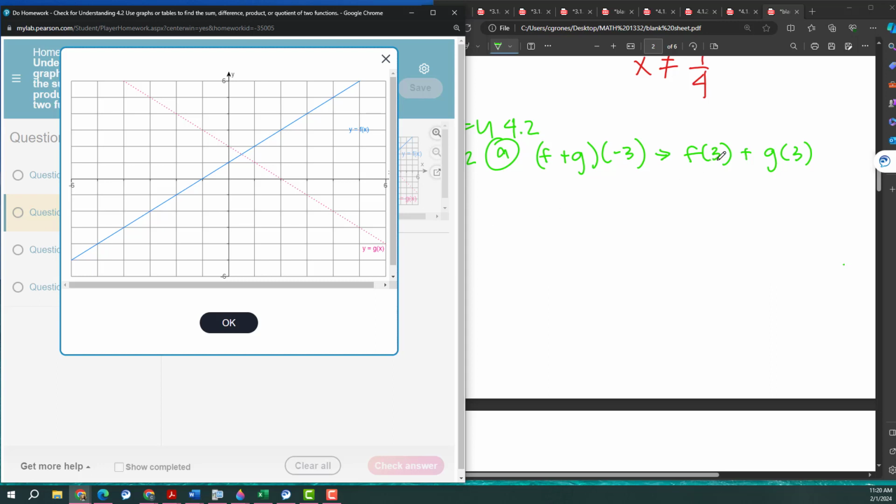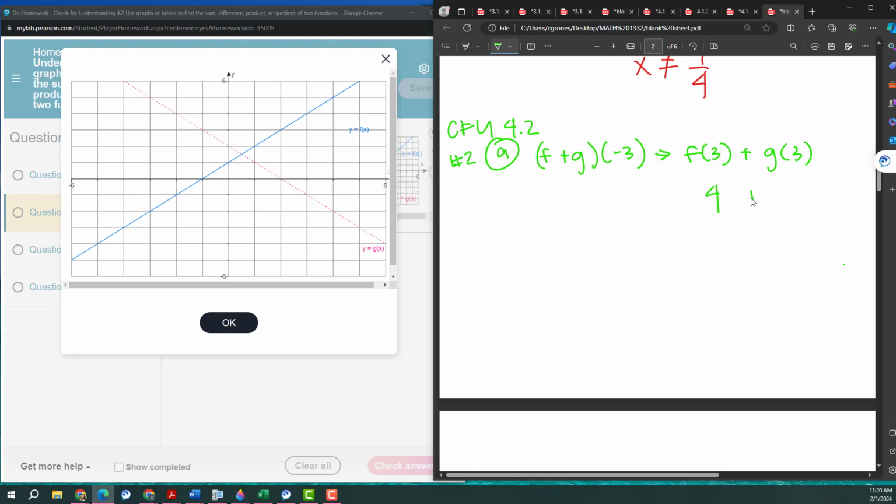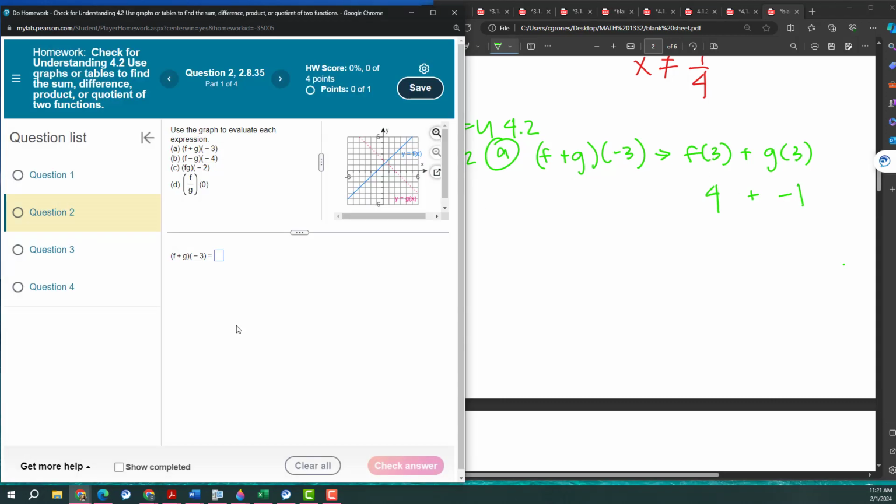So where x equals 3, I look 1, 2, 3, and I'm going to go up. So y equals 1, 2, 3, 4. So y equals 4 here. And then at 3 on g of x, y equals -1. So 4 minus 1 is 3.